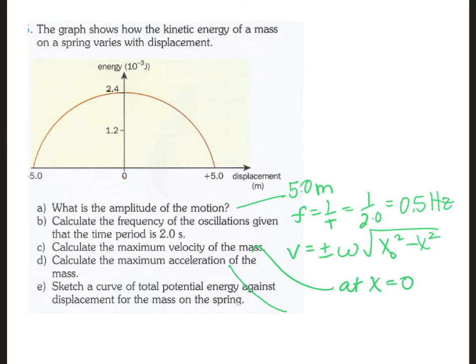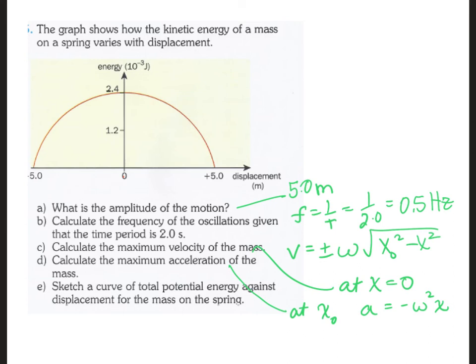Well, where is that going to occur? We've already said that maximum acceleration will be at the extremes, at the amplitude. And so I can use my equation, a equals negative omega squared x, knowing that I can calculate omega with 2 pi f, and I can put that in there.